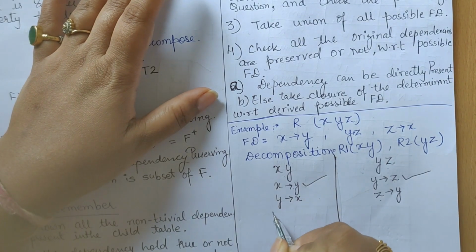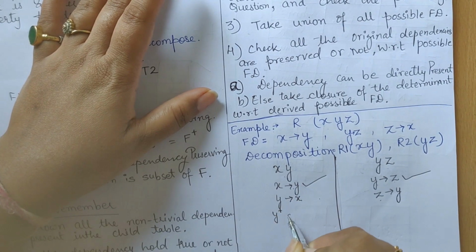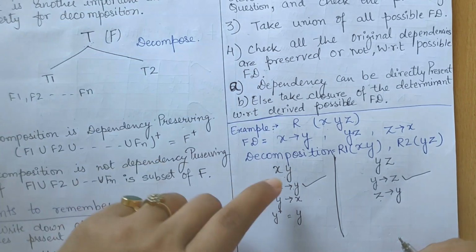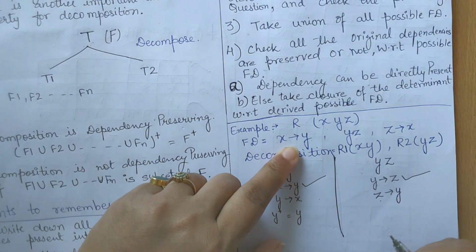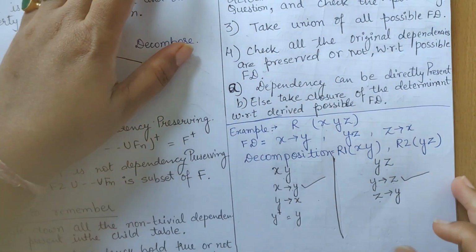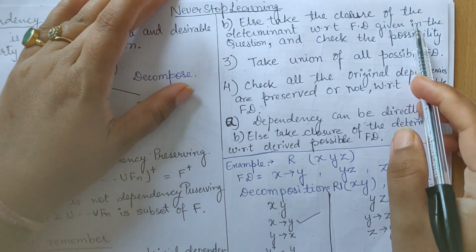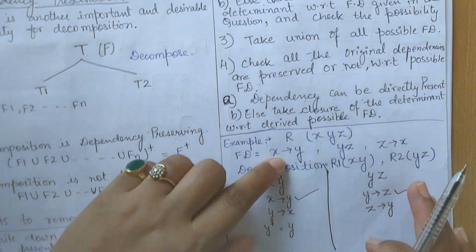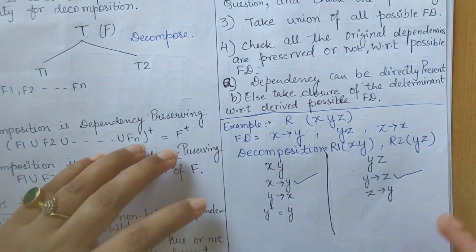So here I have to take the closure of Y. If I take the closure of Y, Y can determine Y. Now I have to take the closure with respect to the functional dependencies given in the question. With respect to these functional dependencies, I have to take the closure.